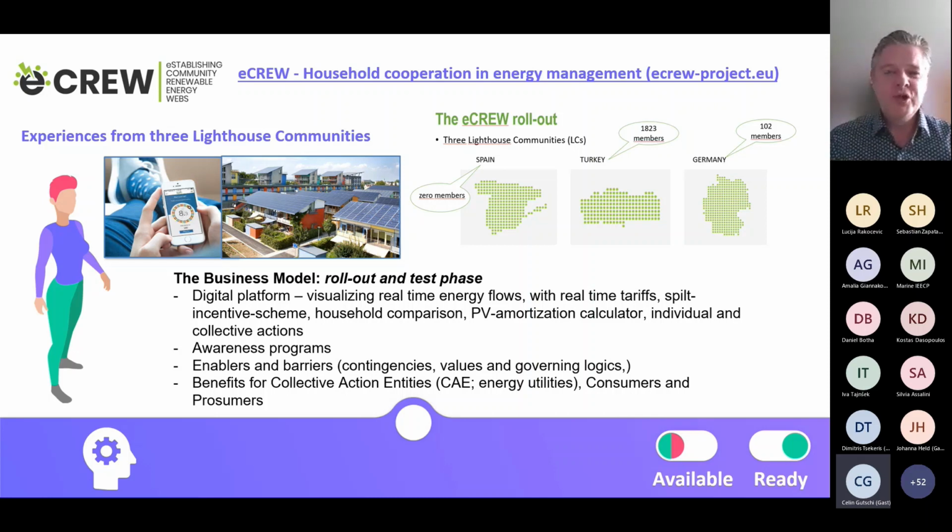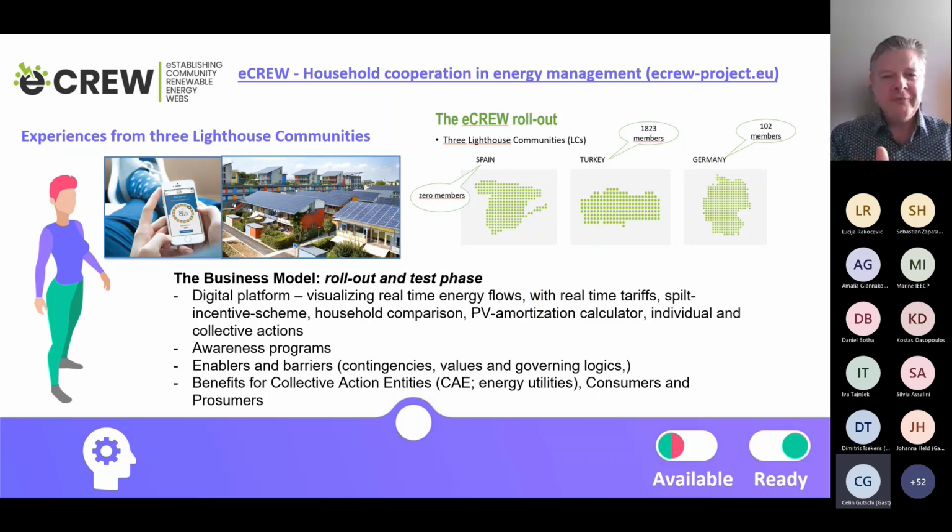As we see, for example, in Germany, we have more than 100 households already joined the crew. In Turkey, however, we already have just in one crew in our Lighthouse community, 1,823 members. So you can really expand your crews in this case, because the center is actually a digital platform.